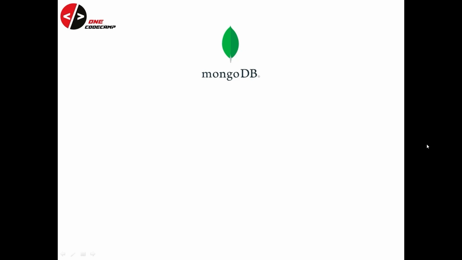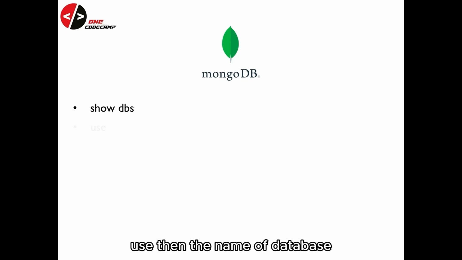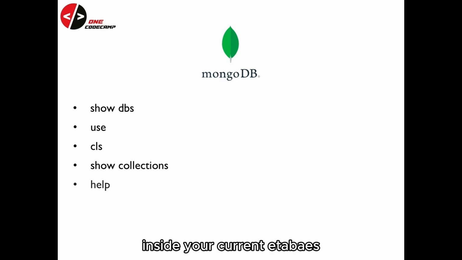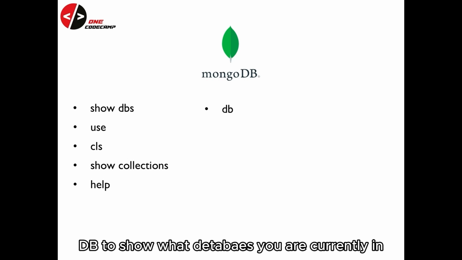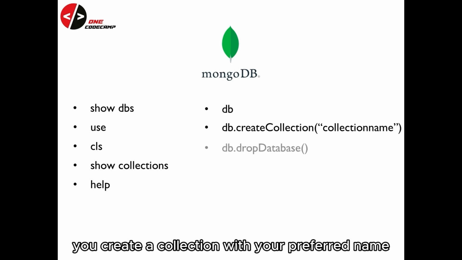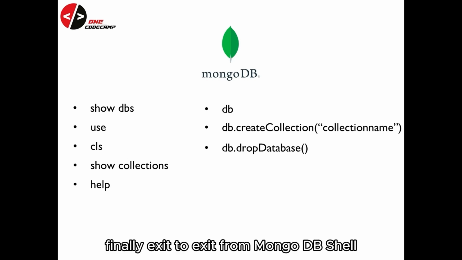So, to summarize, the MongoDB Shell commands that we have seen so far, we have show dbs to show all of our existing databases, use, then the name of database to go to a specific database, CLS to clear our screen, show collections to show all of the collections inside your current database, help to see the shell commands, db to show what database you are currently in, db.createCollection to create a collection with your preferred name, db.dropDatabase to delete your current database, finally, exit to exit from MongoDB Shell.